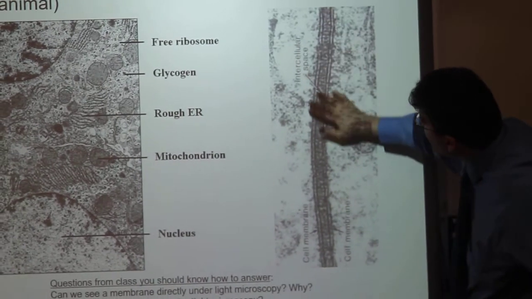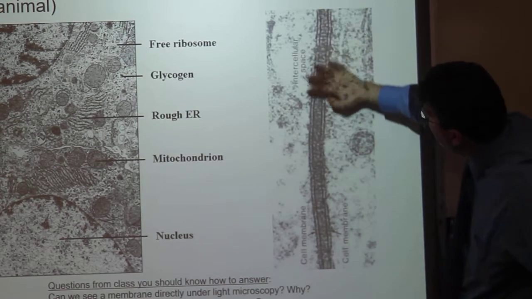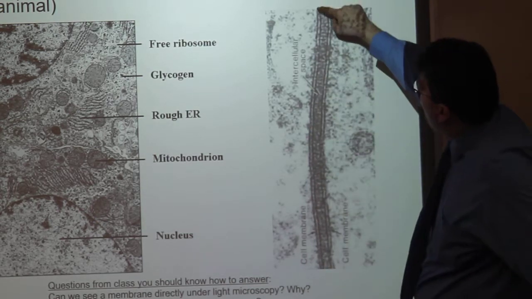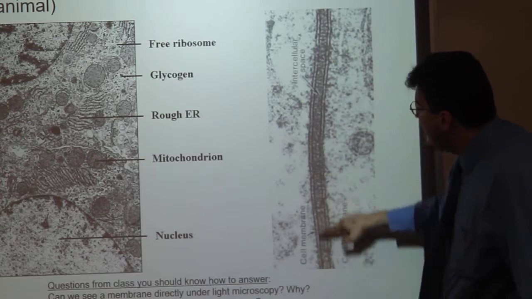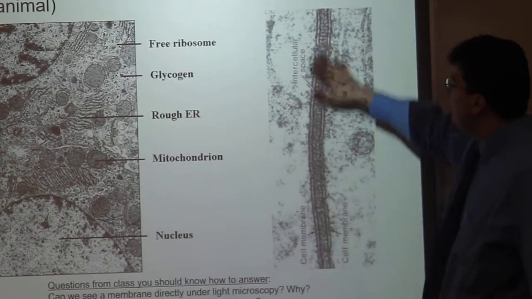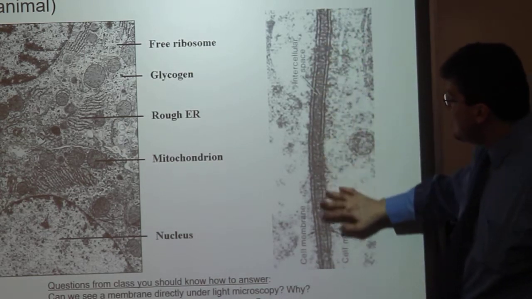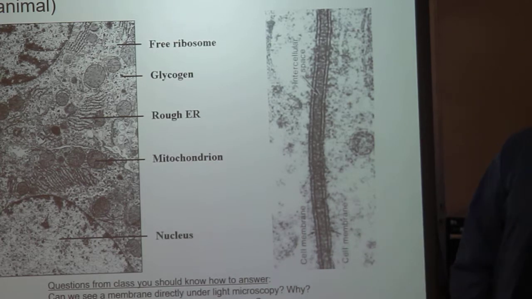This is a cell membrane. I see a hydrophilic head in black, a white space in here that is the nonpolar fatty acid tails, and another black line here that is the hydrophilic head.